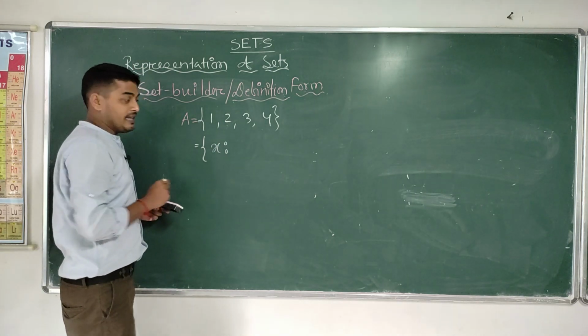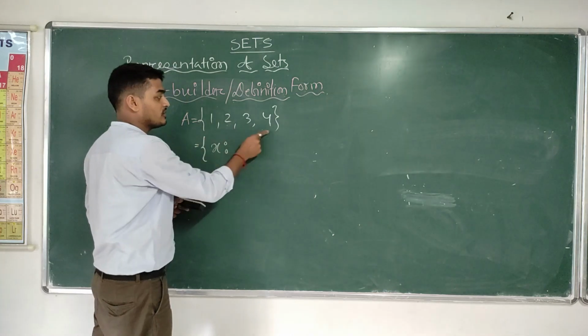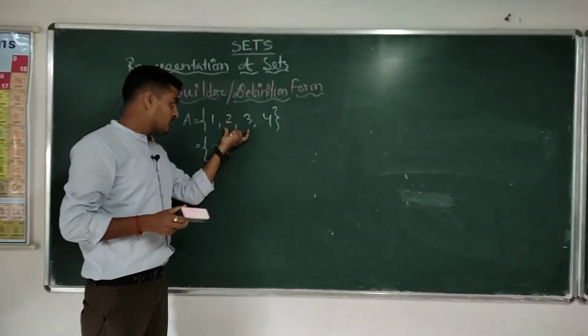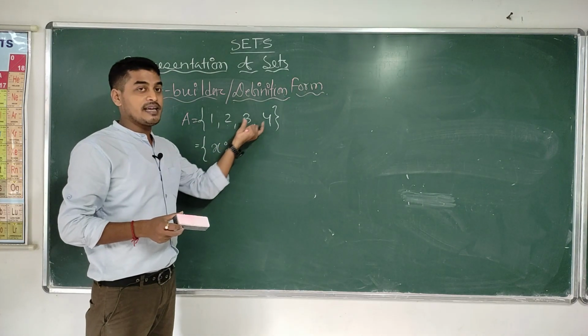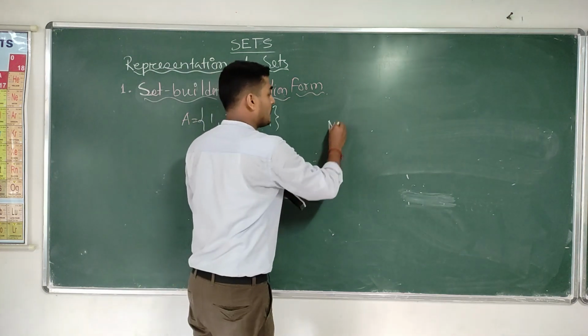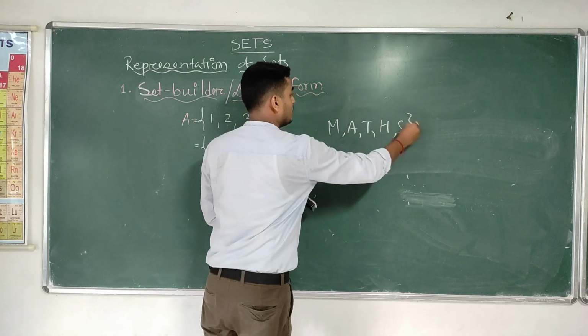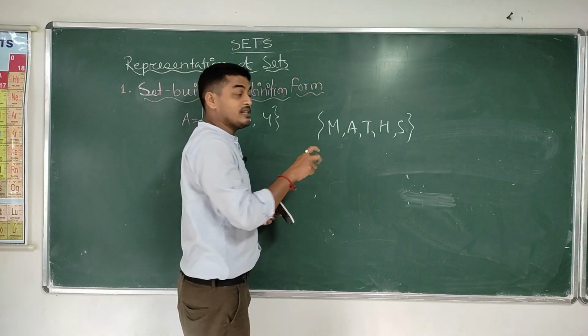Followed by the colon, in the next phase you have to mention the particular characteristic on which they form a set. That means there must be a particular relationship among them. For example, these are the letters of the word maths; the collection of letters forms a set.